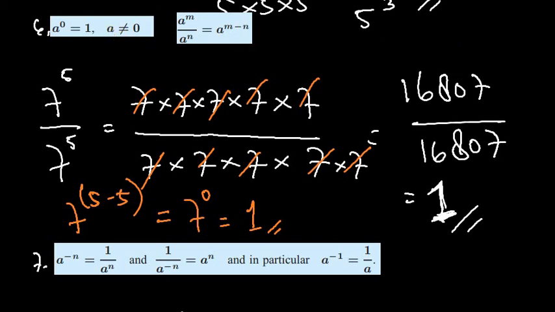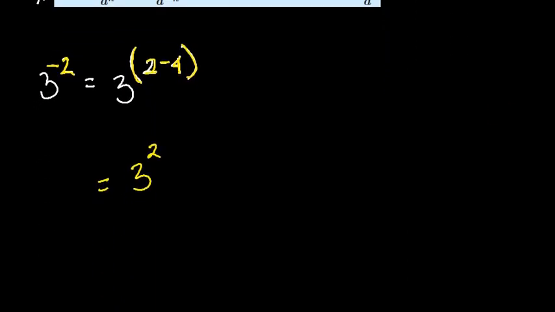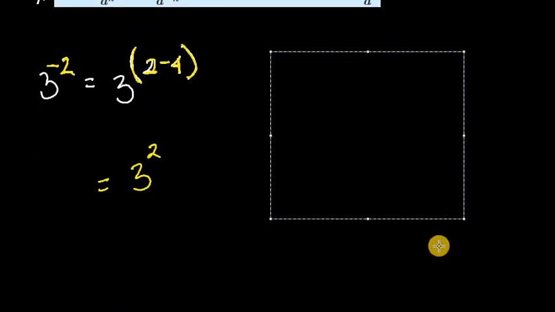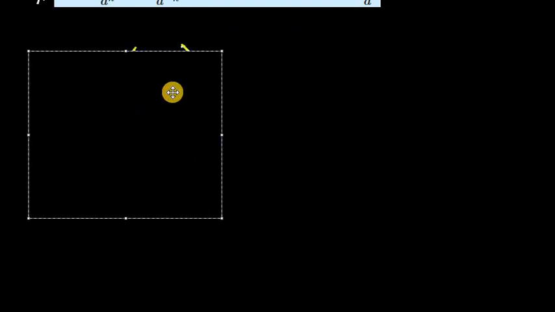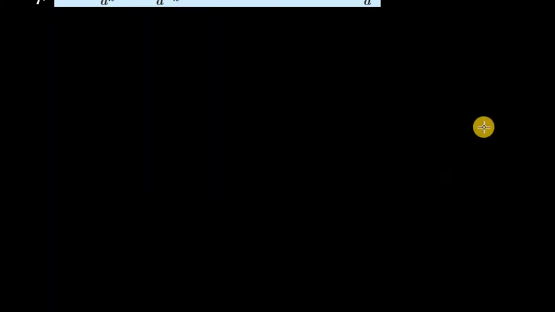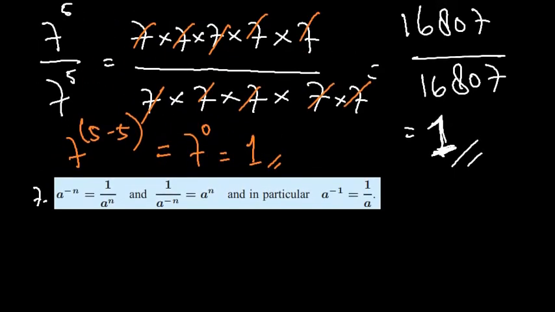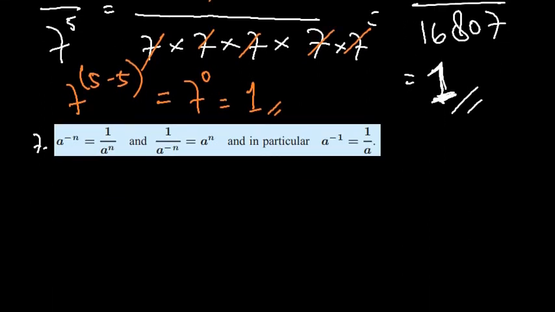Why? Okay, I think I need to erase this one first. But why is 0 to the power of 0 not 1? Okay, let's use the same number.